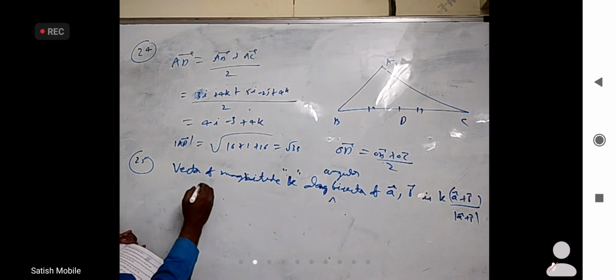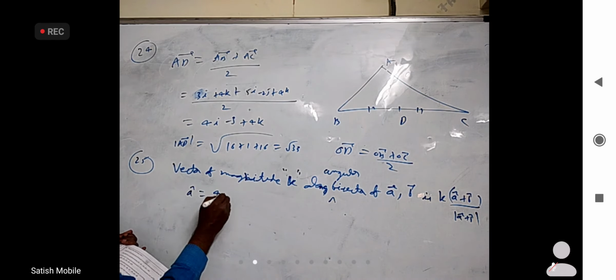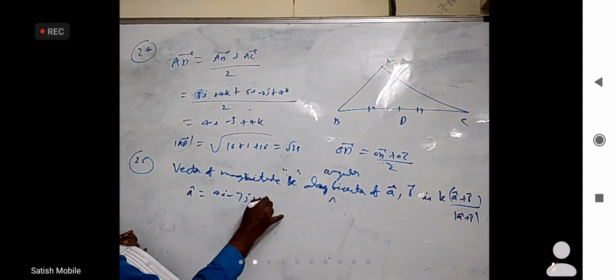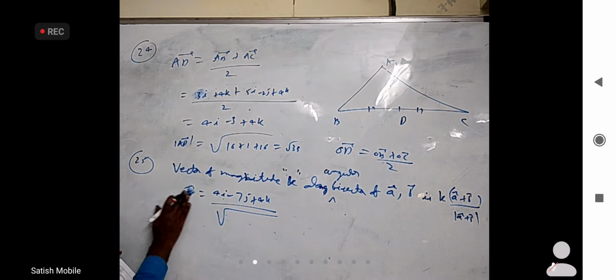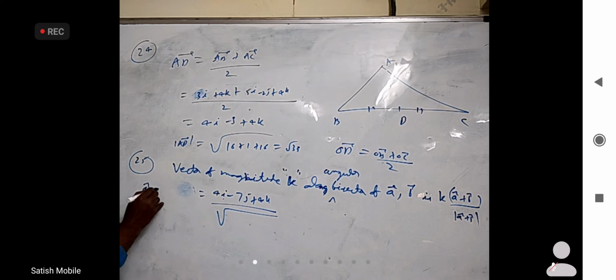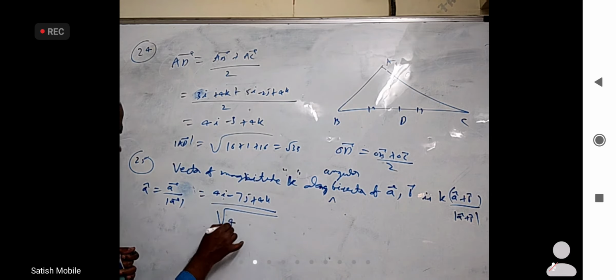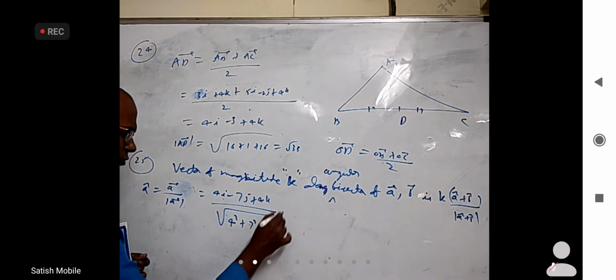So here first of all A cap is (4i minus 7j plus 4k) by square root of, in fact I can write A cap as A bar by mod A bar, that is 4 square plus 7 square plus 4 square.